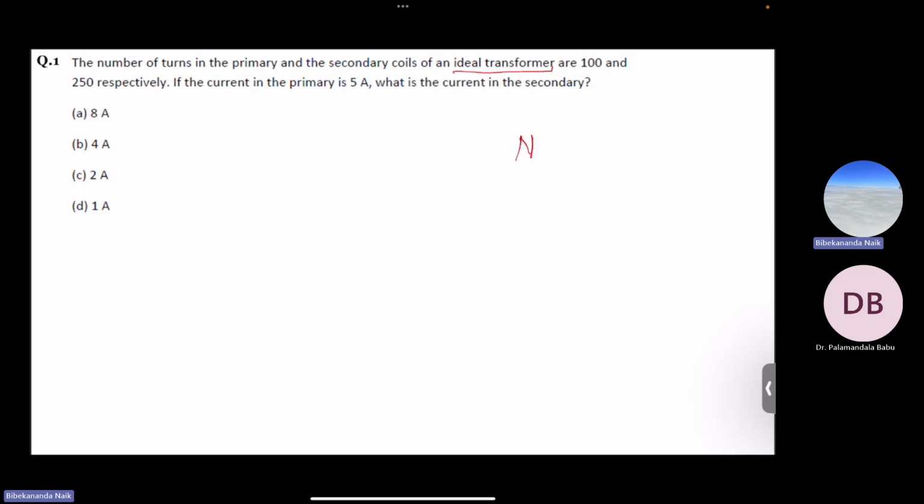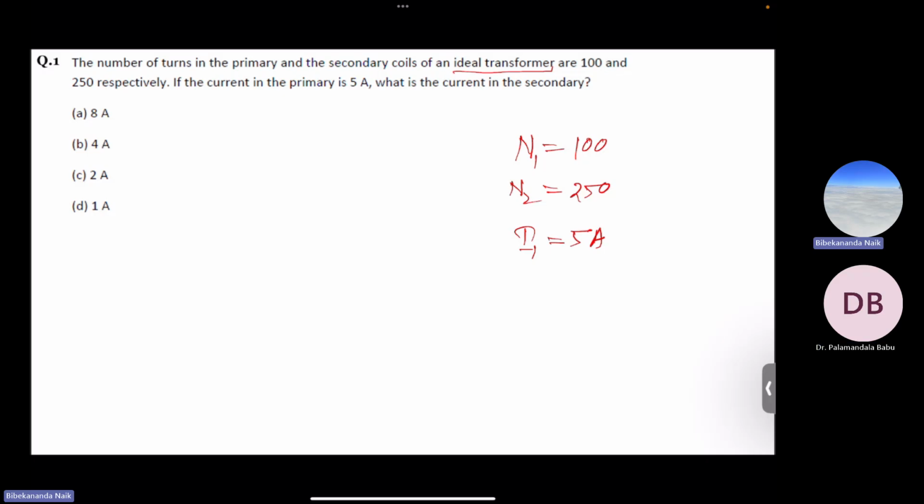Here the condition is it is an ideal transformer, and it has two coils. Suppose the number of turns in coil 1 is N1 equal to 100 and the number of turns in coil 2, N2, is 250, and the current in the primary coil is given. Due to the phenomenon of mutual inductance, if a conductor carries current, it produces a magnetic field.